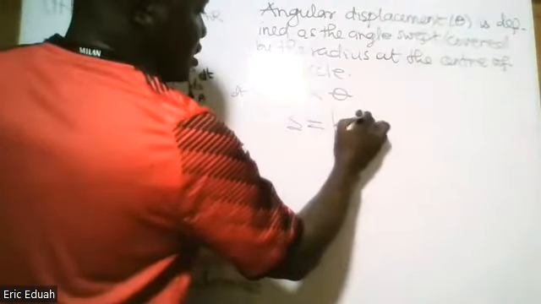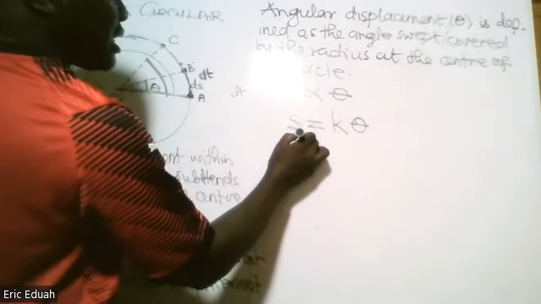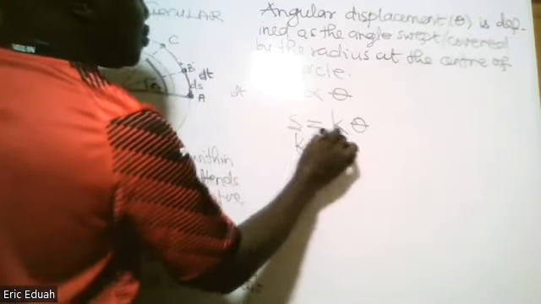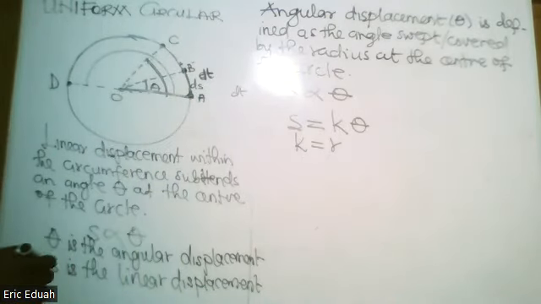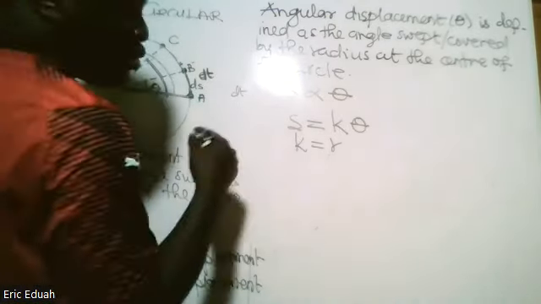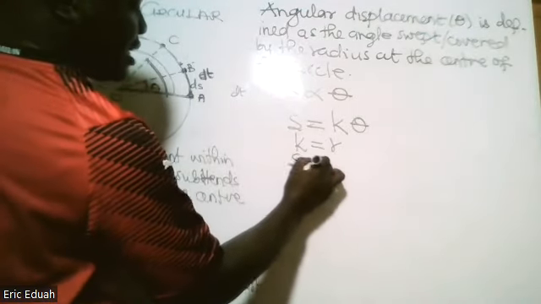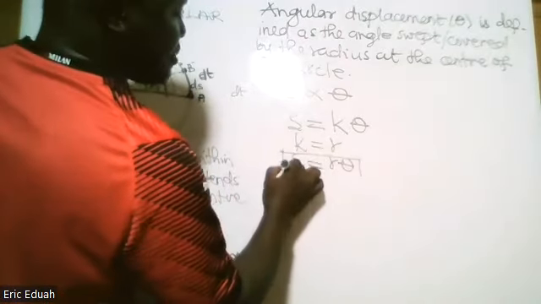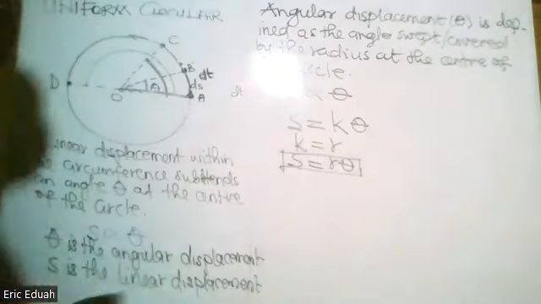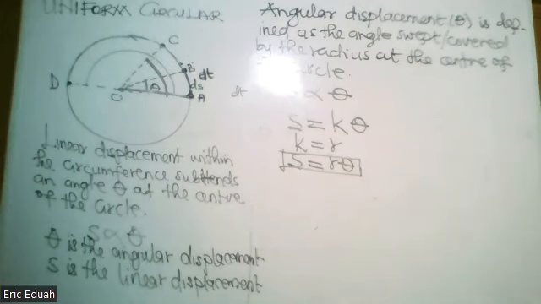And this constant of proportionality is equal to the radius, the constant radius of the circle at whatever position. So S is equal to R theta. And this establishes the relationship between linear displacement within the circumference and angular displacement at the center.